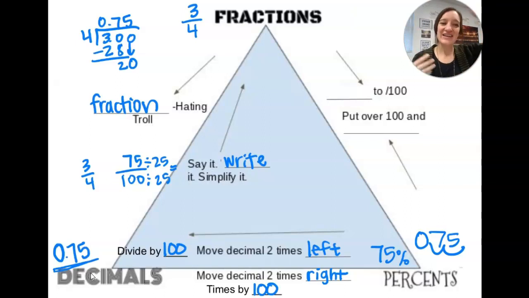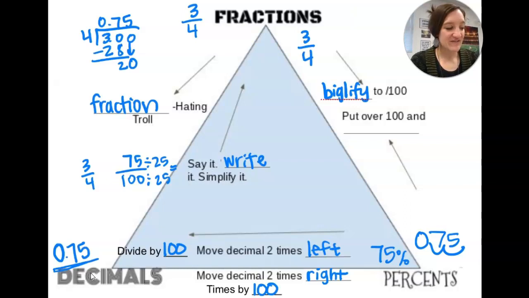All right, let's do fraction to percent, percent to fraction. If you have a fraction, what you can do to get it straight to a percent is to biglify it. So here we had 3/4. If I biglify it, that means I try to get it to 100.